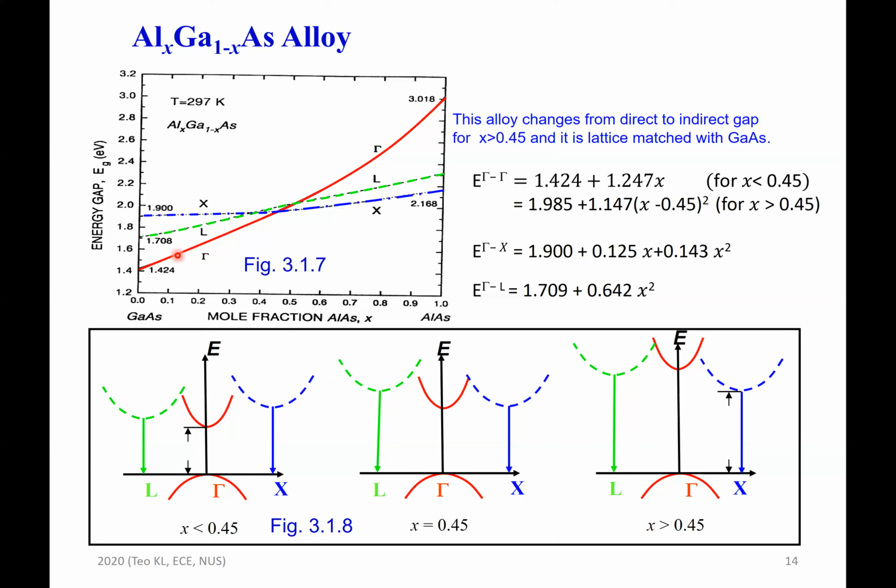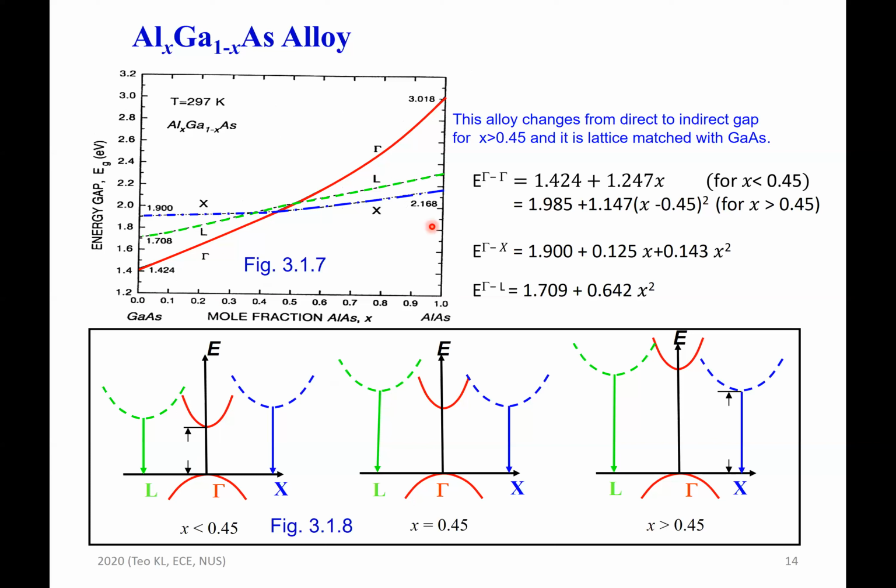So this line represents the energy gap measured from the bottom of the conduction band to the top of the valence band, both at the gamma point.